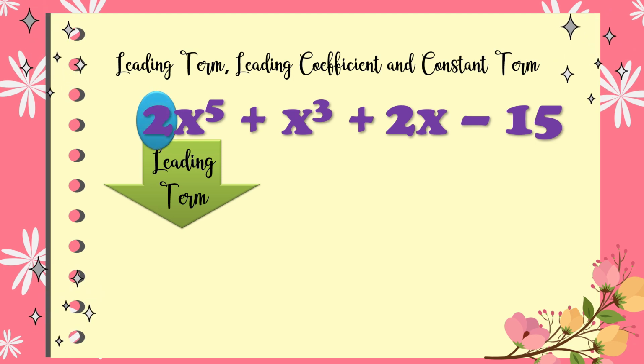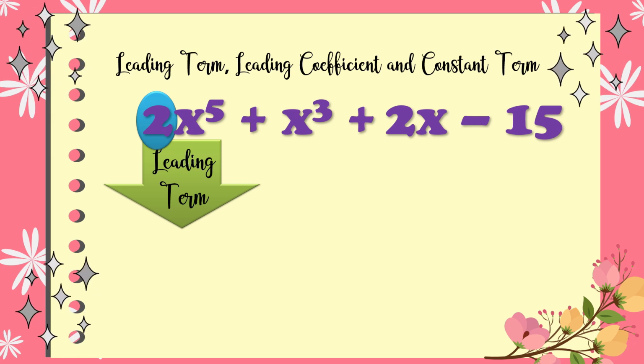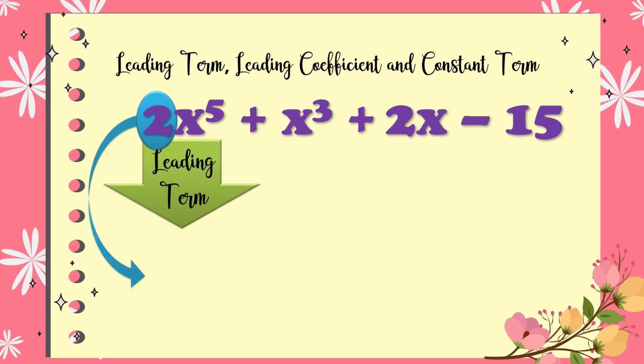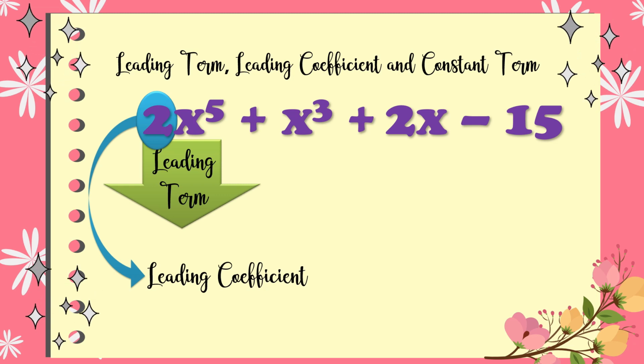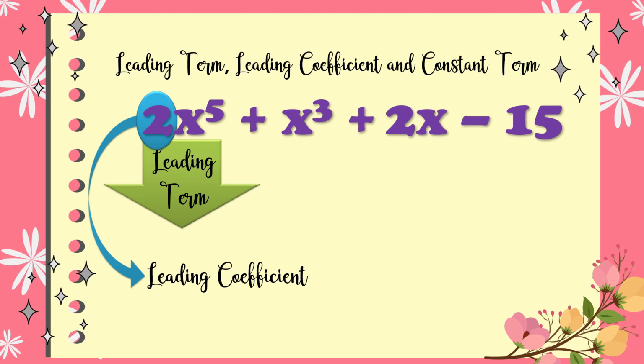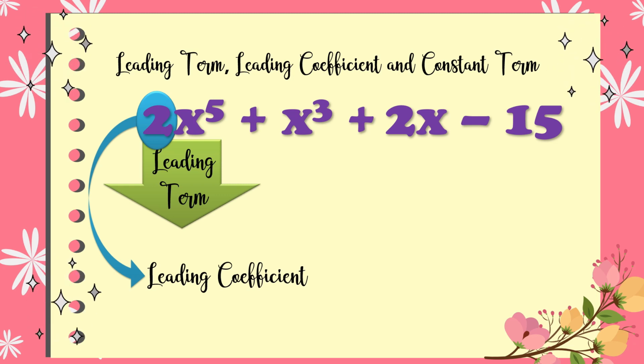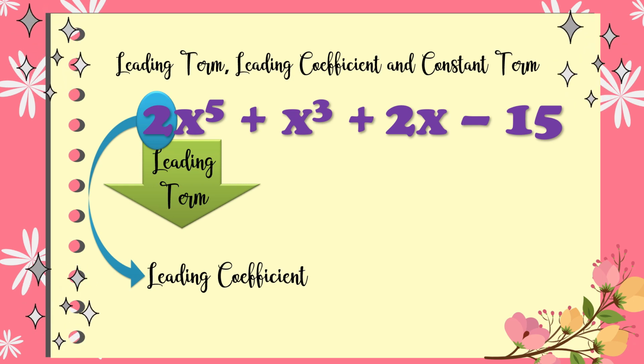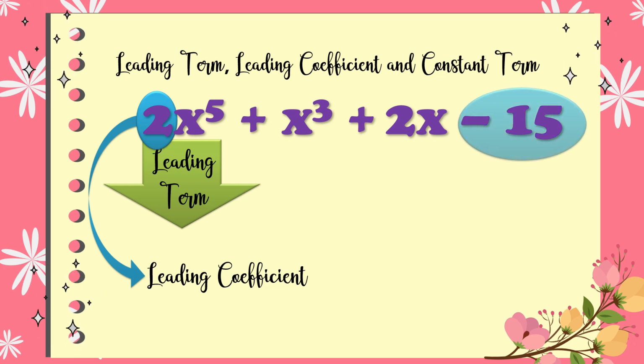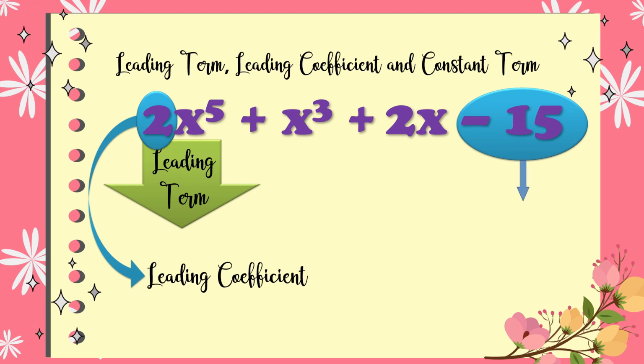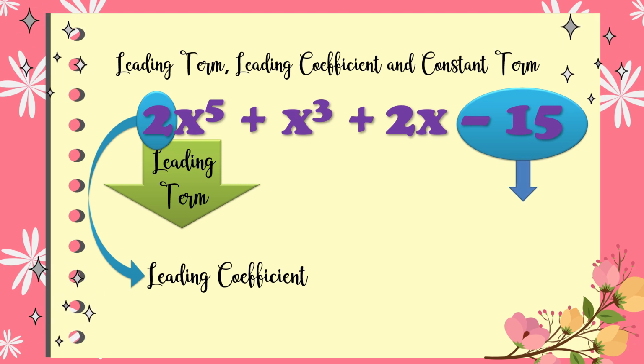Yung number 2, which is the numerical coefficient of the leading term, is called the leading coefficient. At yung negative 15 na walang kasamang variable, siya naman yung tinatawag nating constant term.